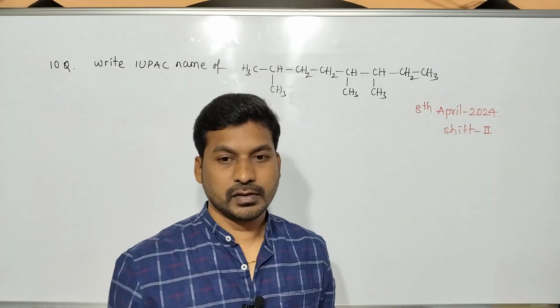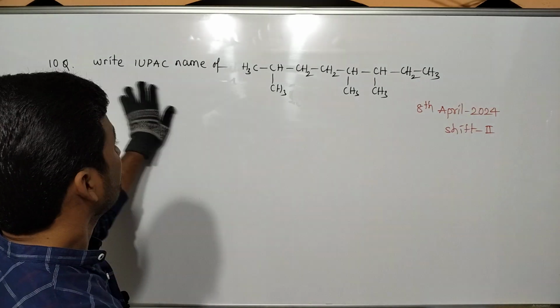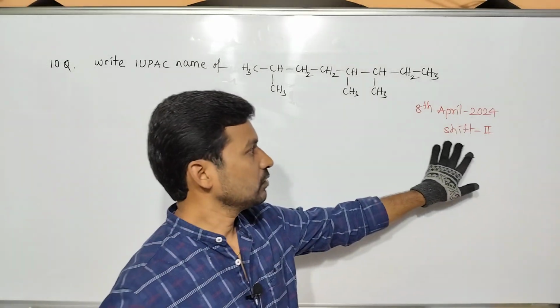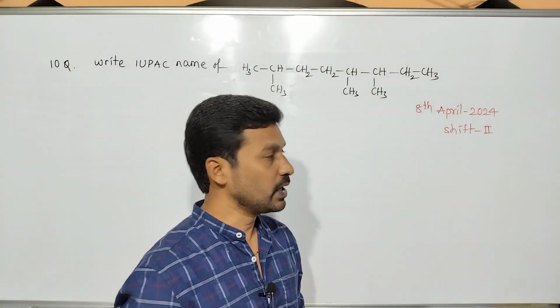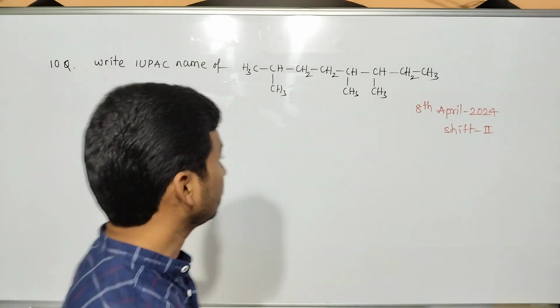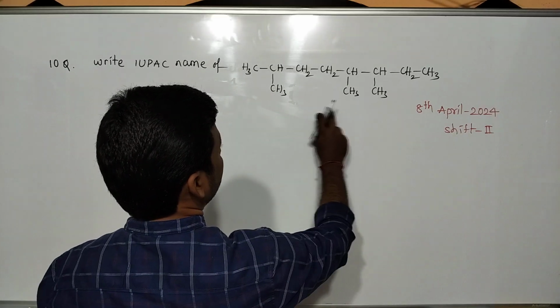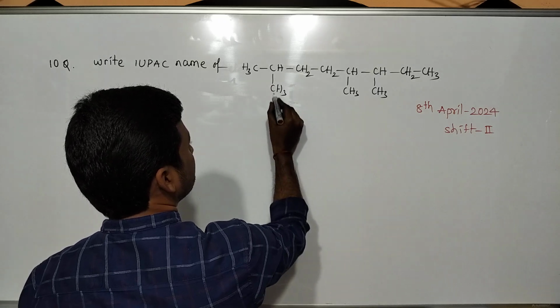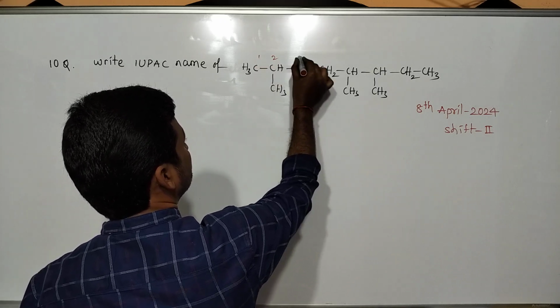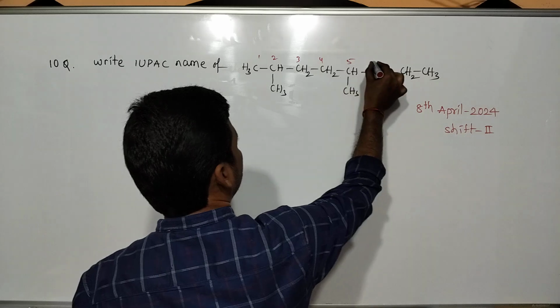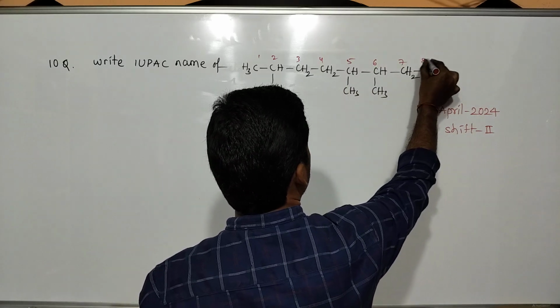Okay. Next question. Write the IUPAC name of this molecule. This question was asked on 8th April 2024, shift 2, JEE Mains. So how do we write the IUPAC name? In this way we are giving numbering: 1, 2, 3, 4, 5, 6, 7, 8.